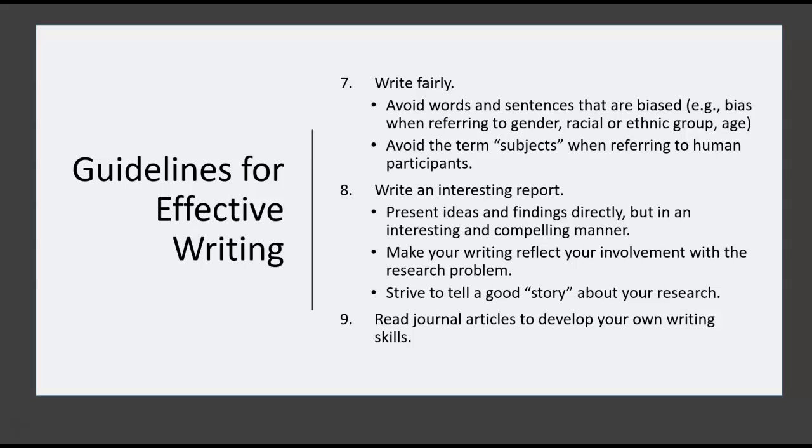And some of these expectations have changed over the decades since I was first a student. So we're supposed to use bias-free language when we're referring to some of the obvious big categories, such as sex differences, race, ethnic group differences, age differences, differences based on disability status, and so on.